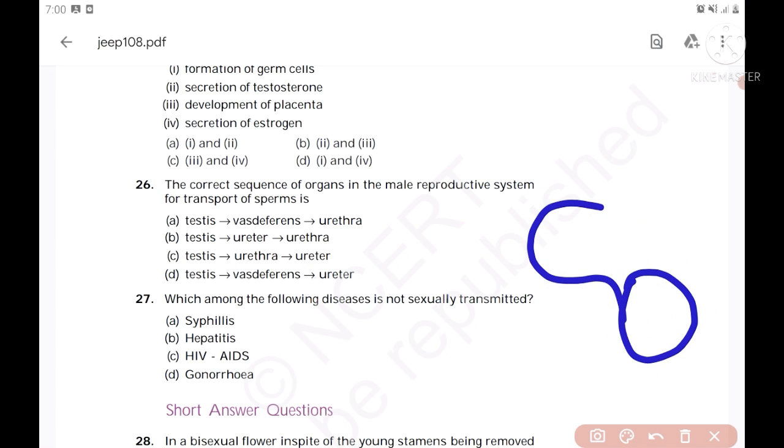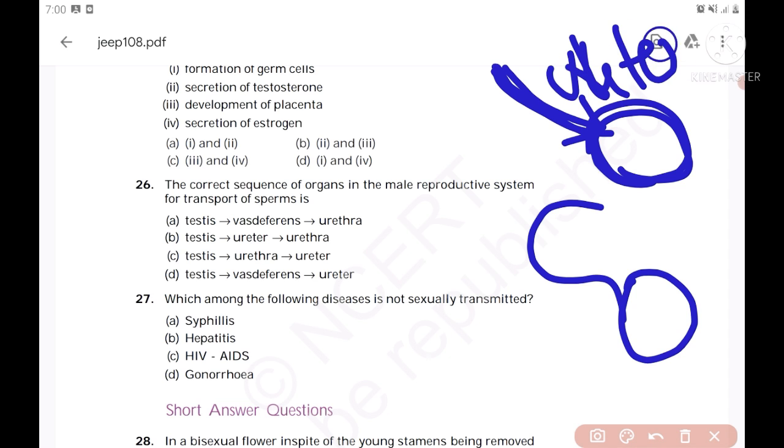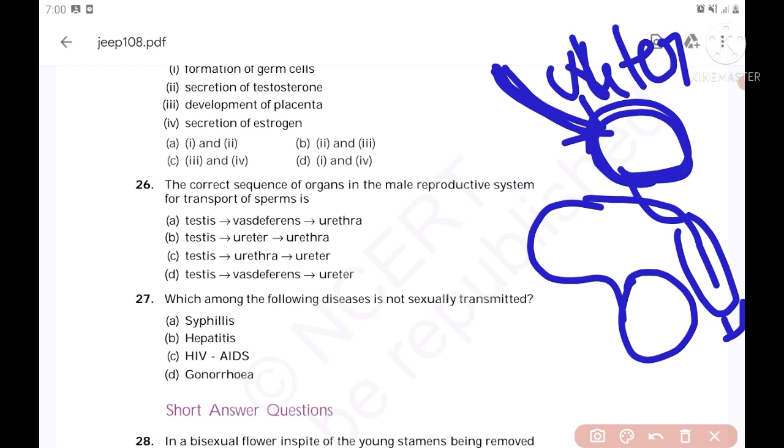Testis, this is vas deferens, and let's take this to be the urinary bladder. Next, there is a common passage for urine and the sperm. So this one which is passing the urine out of the urinary bladder is called urethra.